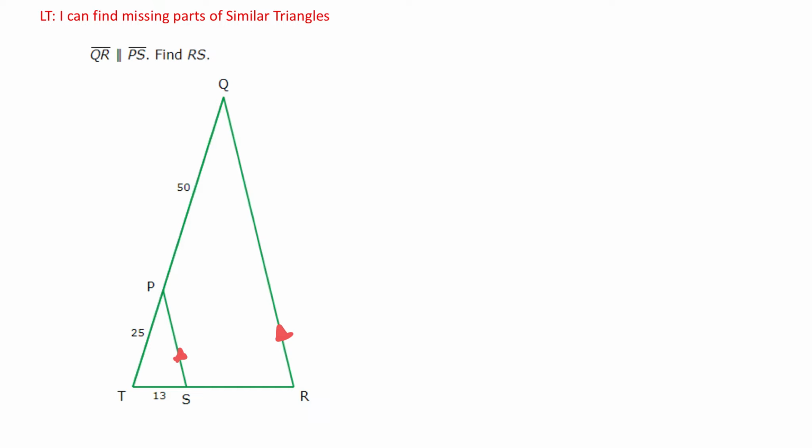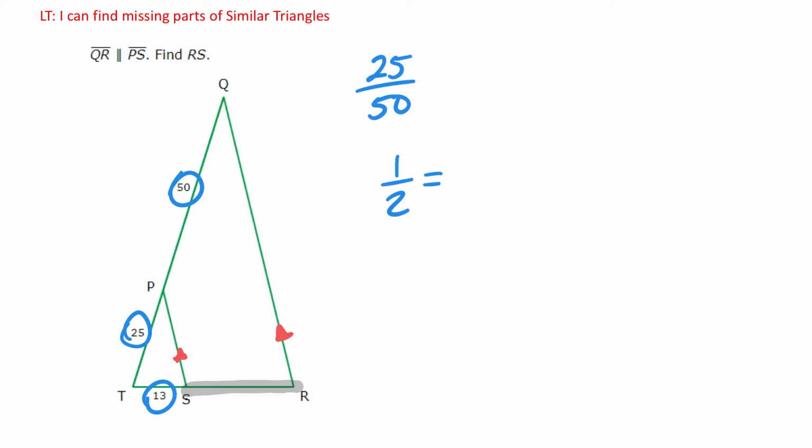So we can see on this one, a similar thing is happening. It's giving us parallel sides, so therefore we are creating a similar triangle, and they're wanting the value of RS. So we're going to set up a proportion, and remember, you have multiple options. I'm going to do this one because this is nice and easy. 25 is to 50.